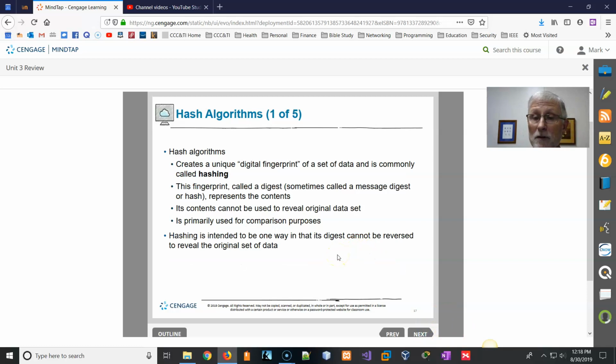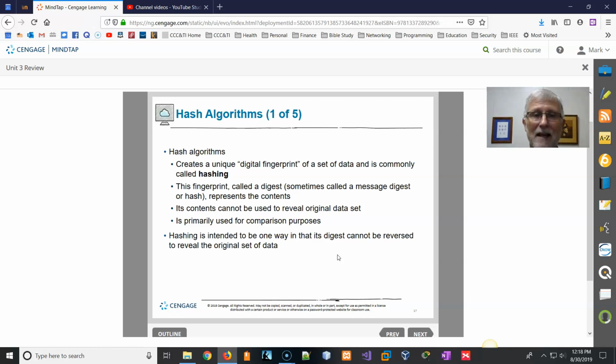Now, hash algorithms create a unique digital footprint based on a set of data, and the process is called hashing. Basically, this is a fingerprint, called a digest. Some kind of message digest or hash represents its contents.